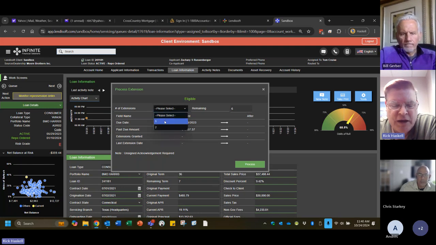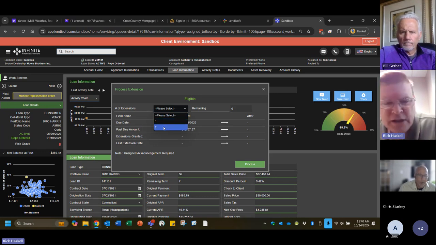Just one payment? In this case, the client is authorized to do up to two all at once. When we're onboarding a client in our standard settings, there's an area where you can actually do all the setup for this. And this one says for this portfolio, they can only do one or two at a time.